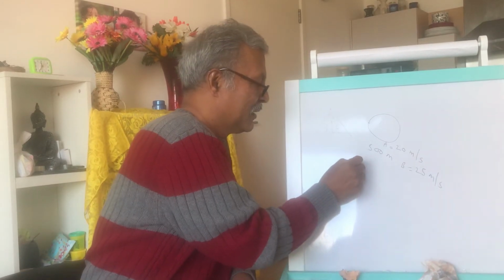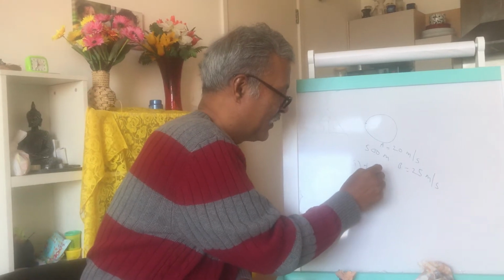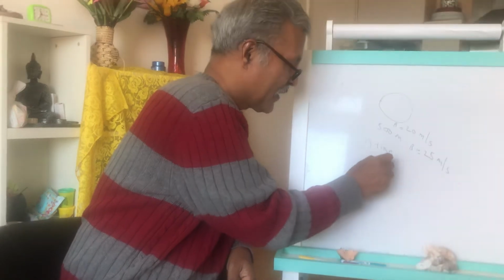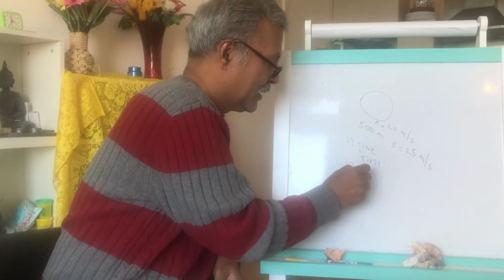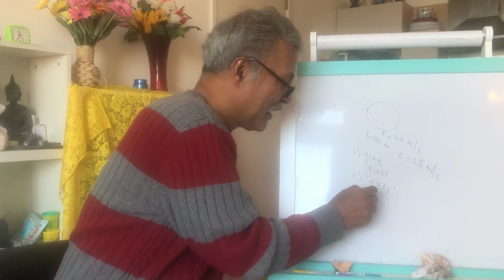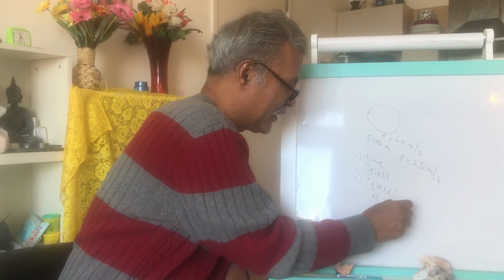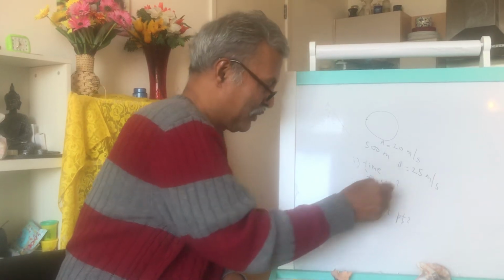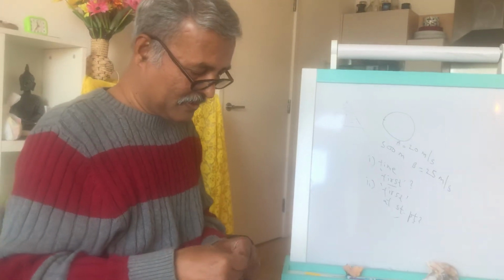Two questions. You are asked to find the time when they meet for the first time. The second part is also first time, but it's asking at the starting point again. I will go slow here because if you are not familiar, you may find it too much. I have patience.